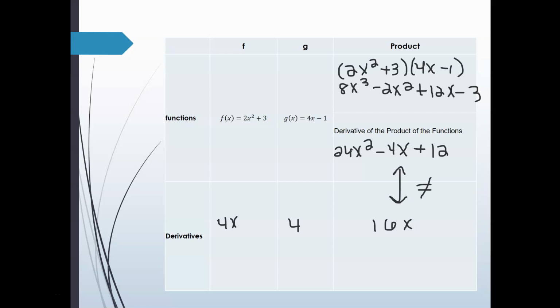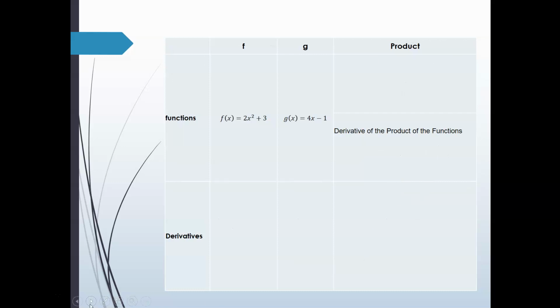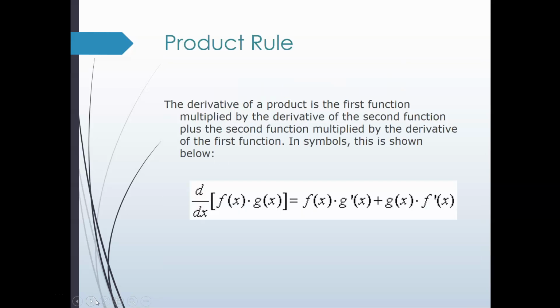The top is correct. This is incorrect. Either way is to FOIL the originals or to use the product rule, which we haven't learned yet. So we can see from that example that they are not equal. So that leads us to the product rule.